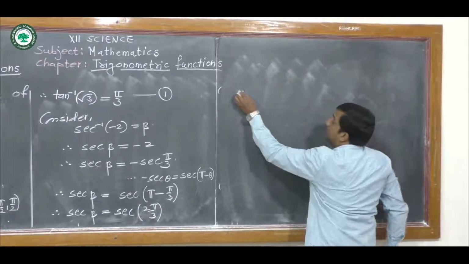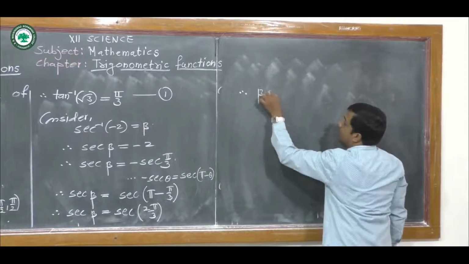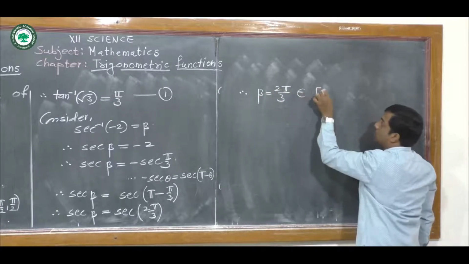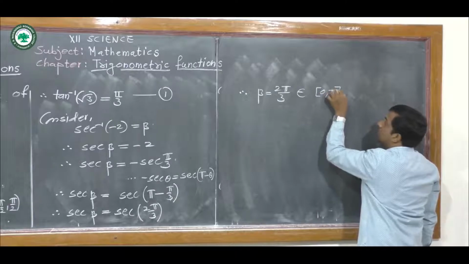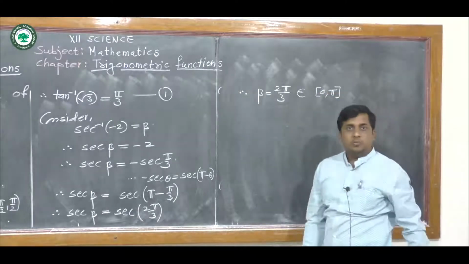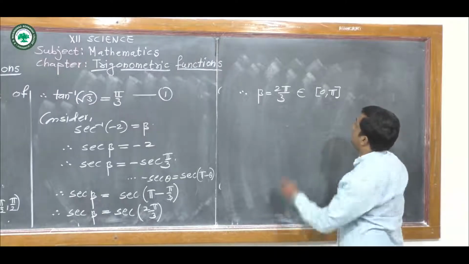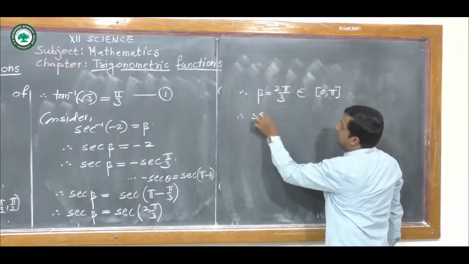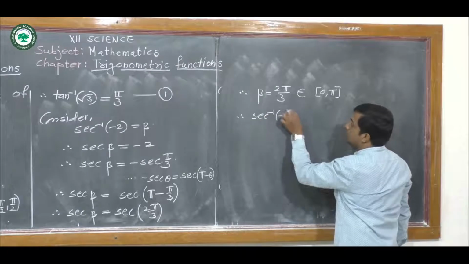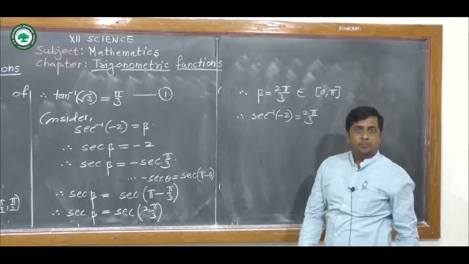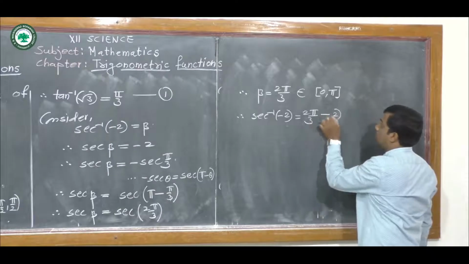Comparing both the sides, we get theta is equal to 2 pi by 3, and we know this belongs to the closed interval 0 to pi. So I write sec inverse of minus 2 is equal to 2 pi by 3. Let us consider this as 2.